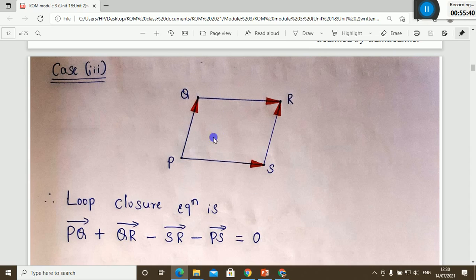Now I have taken the reference as clockwise, so clockwise is positive and counterclockwise is negative. PQ is clockwise, positive. QR is clockwise, positive. SR is counterclockwise, so negative. And PS is also counterclockwise, negative. The summation will be 0. So this is how you write the loop closure equation for a closed mechanism.